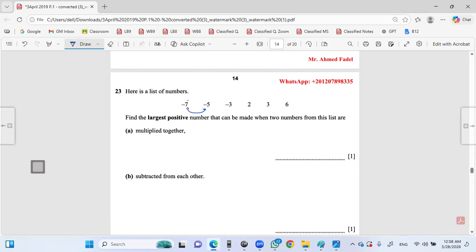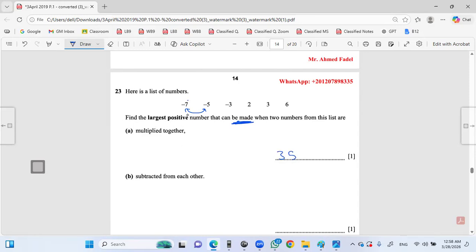If you multiply them by each other, they're going to give you 35, right? So what do they want actually? They want you to write -7 and -5, or another thing? No, they want only the largest positive number that can be made. They don't want you to write -7, -5. So let me write this here. It's going to be 35.